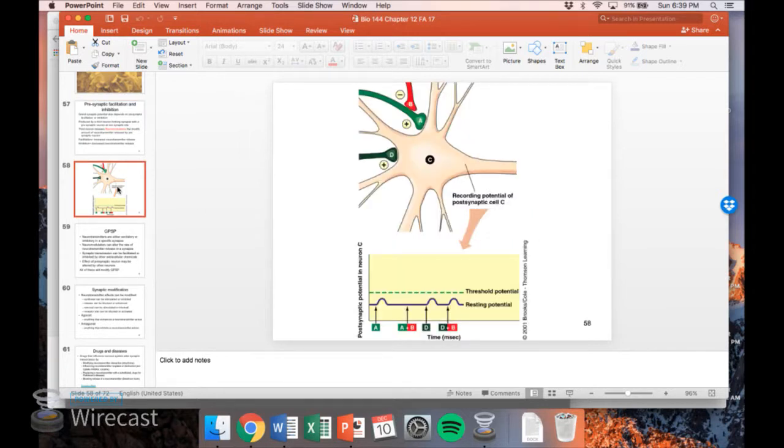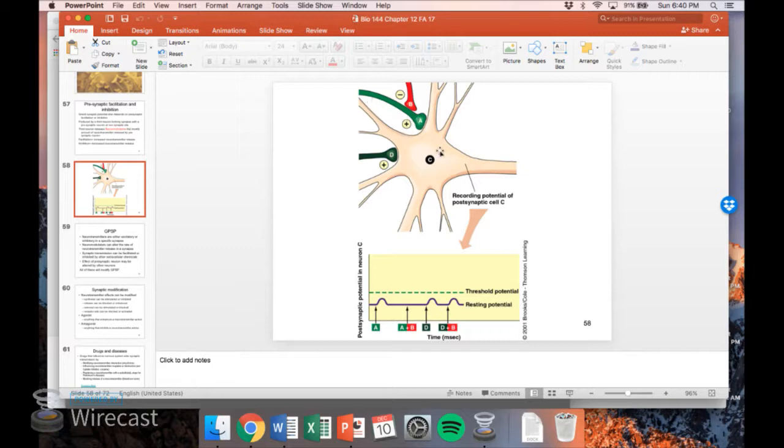So here's what that's going to actually look like. Here's our postsynaptic cell right here. In this example, we have this neuron over here, B, that is going to be inhibiting our presynaptic neuron A. B is not even touching this postsynaptic cell, but it's indirectly going to interact with it, because cell A is going to have an excitatory effect, as that plus sign.